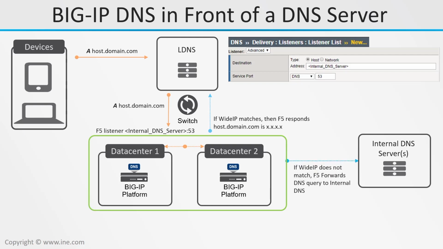If it doesn't have a wide IP, then it will forward that query to the IP address of the real DNS server. So it either routes or forwards the query to the DNS server. Then the DNS server can simply respond like it normally would back to the LDNS.